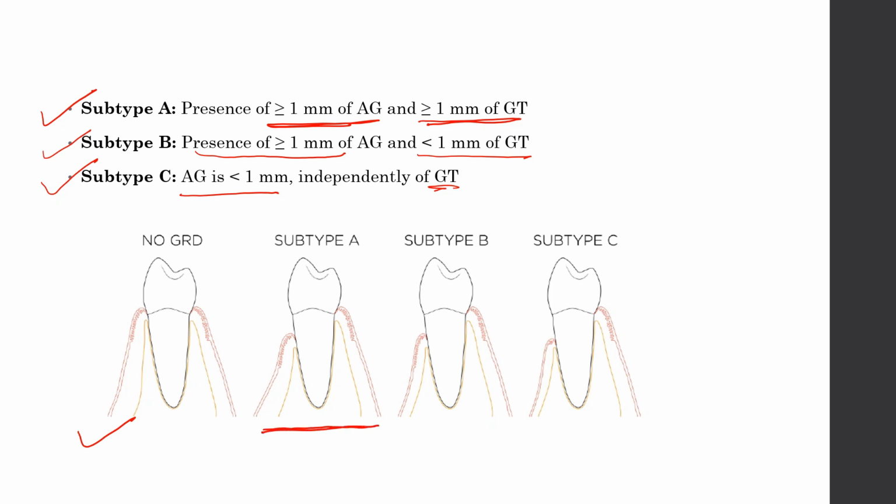Because there is more than 1 mm of attached gingiva and the thickness is more than 1 mm. Subtype B, when there is more than 1 mm of attached gingiva but the thickness is less than 1 mm. And here the attached gingiva is less than 1 mm. Okay, so that is how it has been categorized.